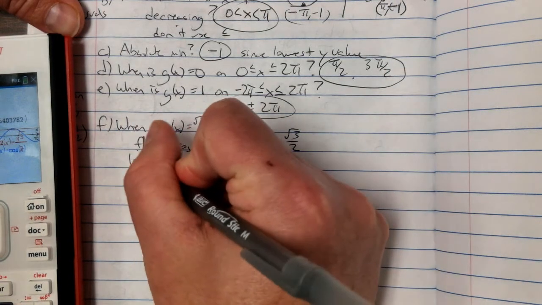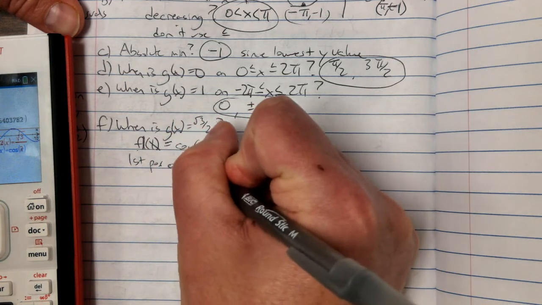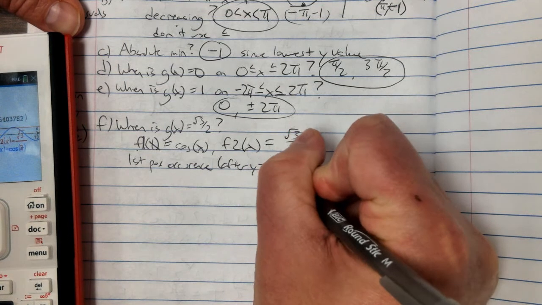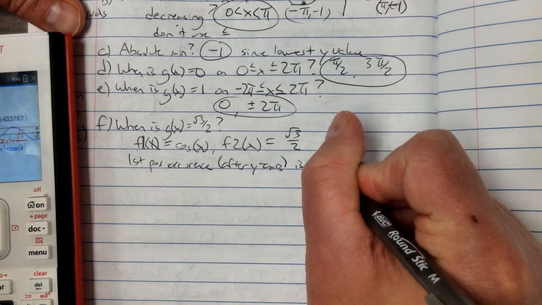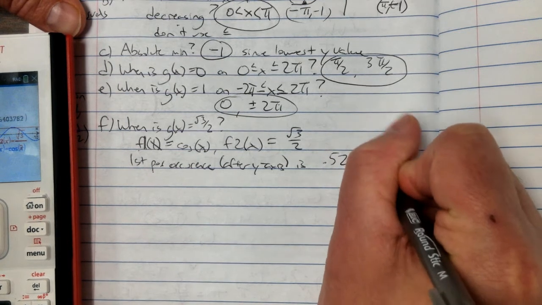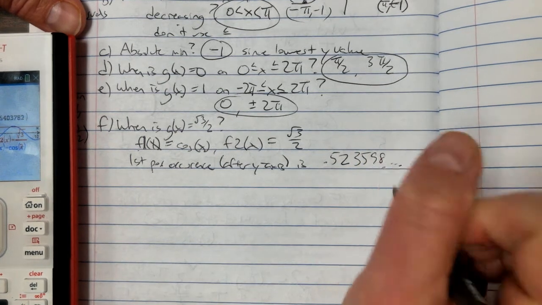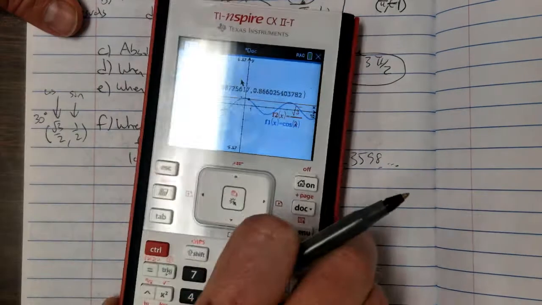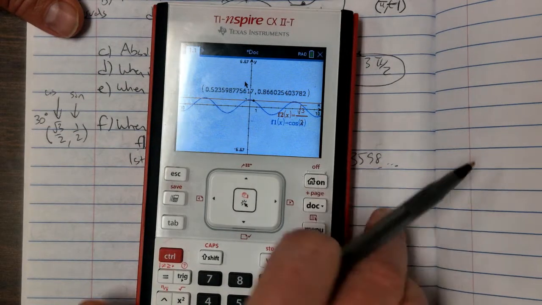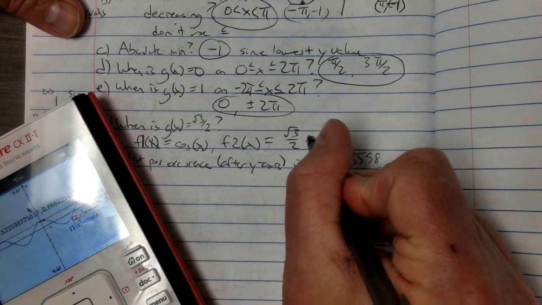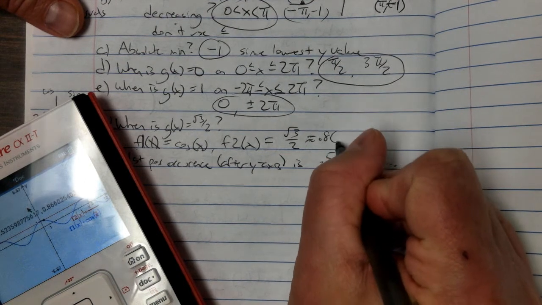My first positive occurrence, which means after the y-axis, is 0.523598 something for x. The y value is 0.866, which is what square root of 3 over 2 is.